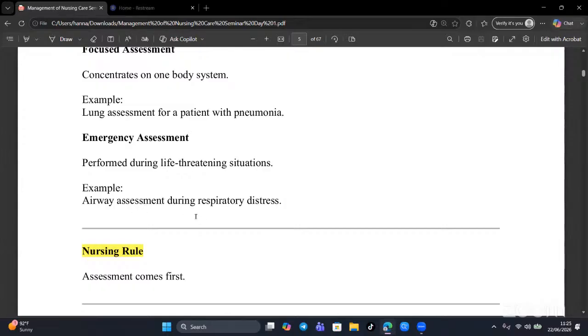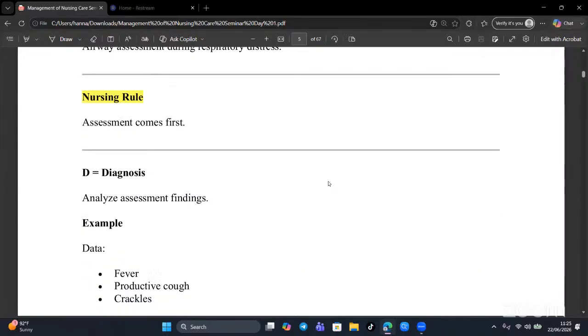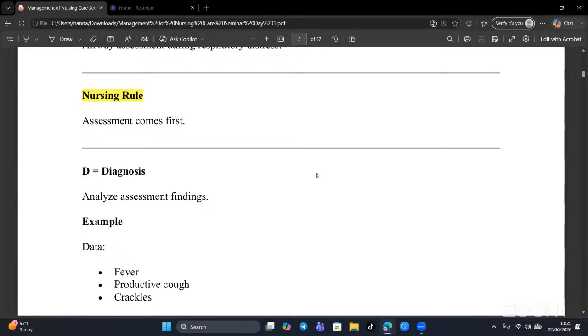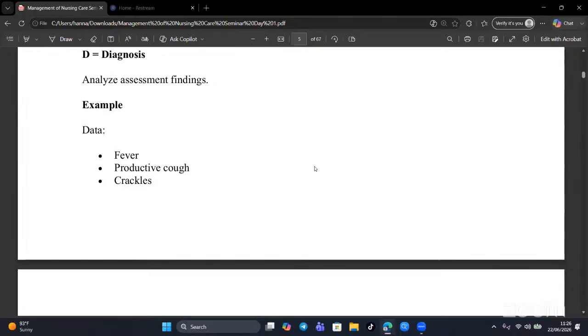Example, airway assessment during respiratory distress. So in nursing, assessment always comes first. You know the different types of assessments now, so you should know which one to go for before you do your diagnosis. If you don't have data, you can't diagnose.